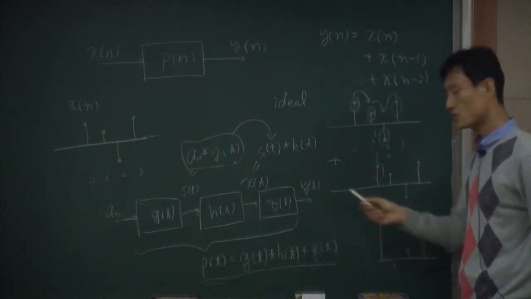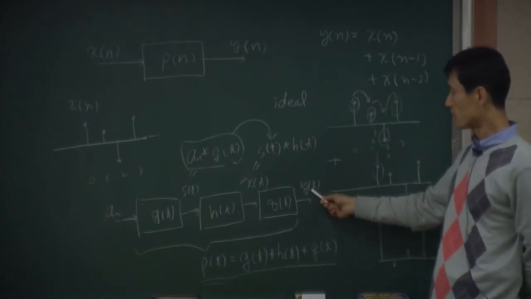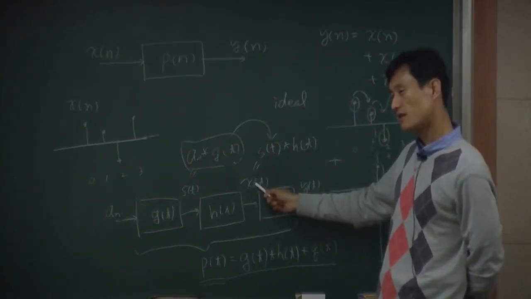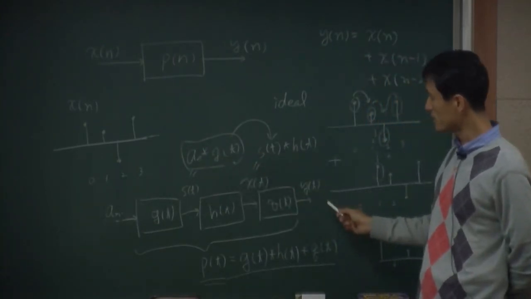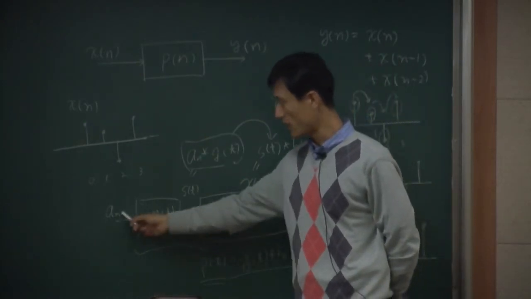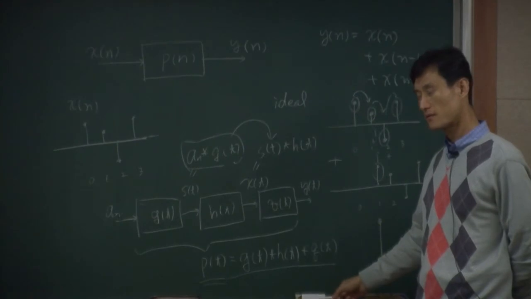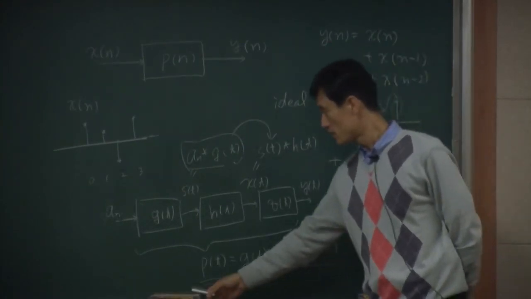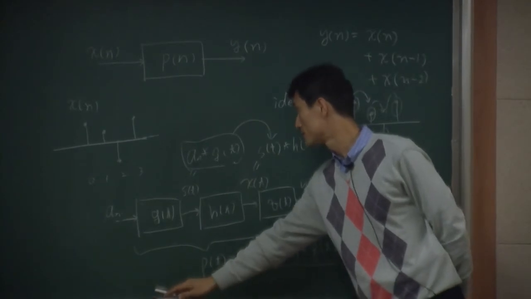Same way, you can do the YT, right? What is YT? YT is going to be the convolution of QT and XT. But XT is a convolution of these three. So therefore, YT equals the convolution of QT, HT, GT, AN. Convolution of all these four. Or in other words, we can just put them all together and make a PT, right?